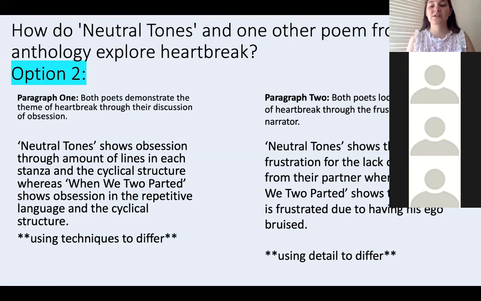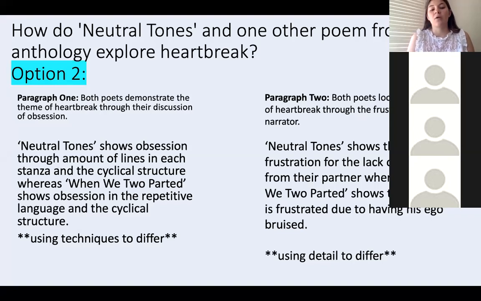And Jalen asks, does that mean you can use narrative as the technique in the petal petals structure? No, you still have to discuss, Jalen, different techniques that are being used to show that he is frustrated with the lack of effort from the partner, and the techniques that show that he is frustrated due to his ego being bruised. Okay?